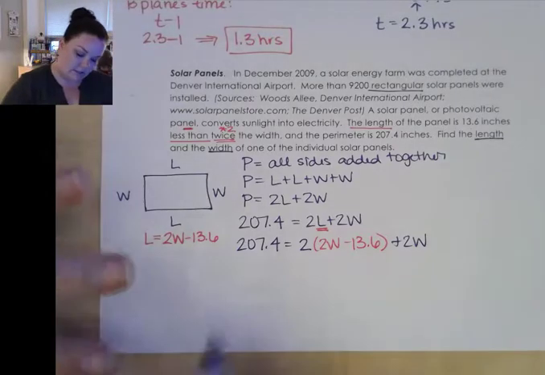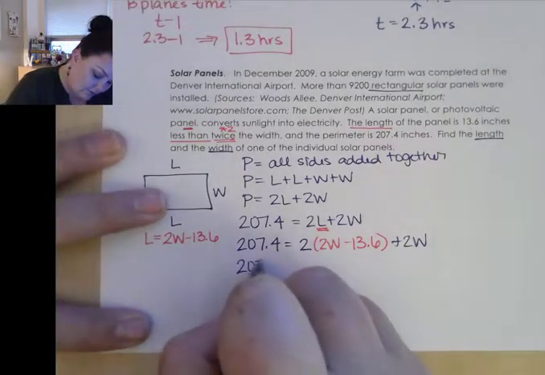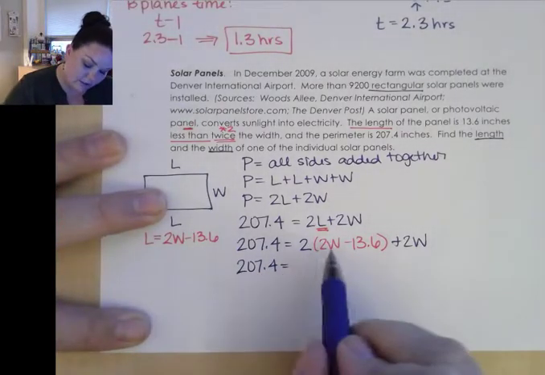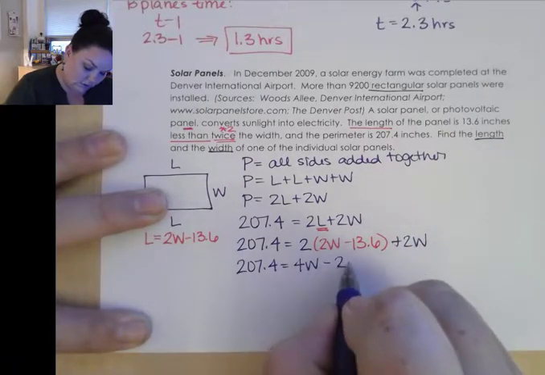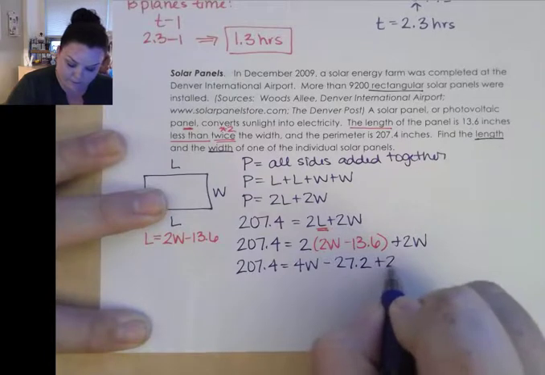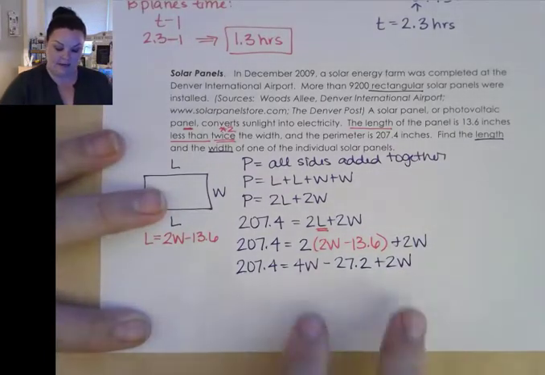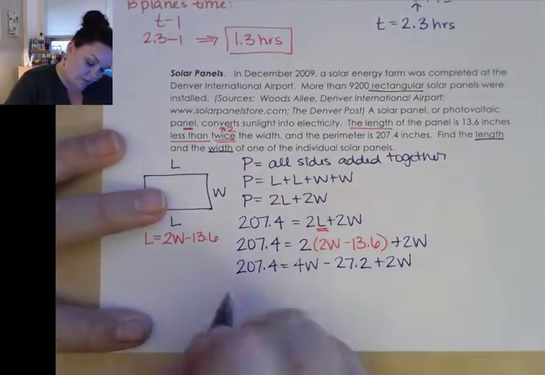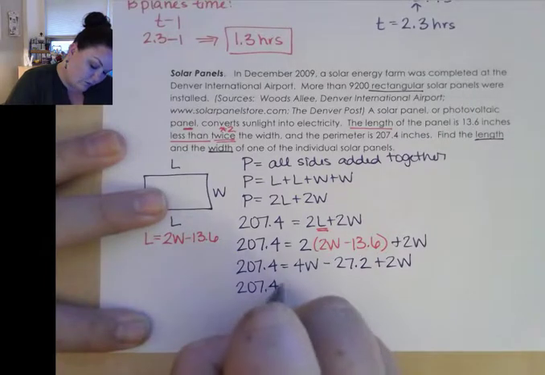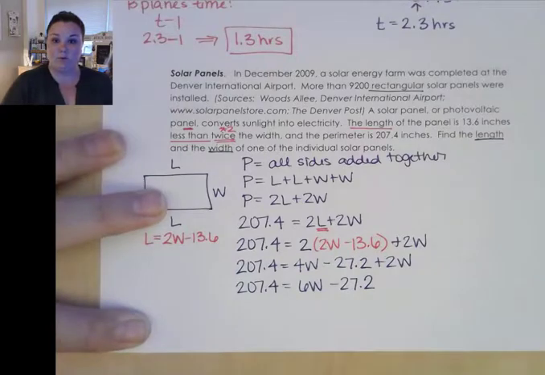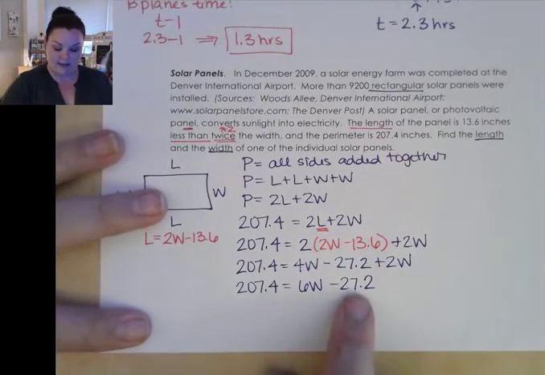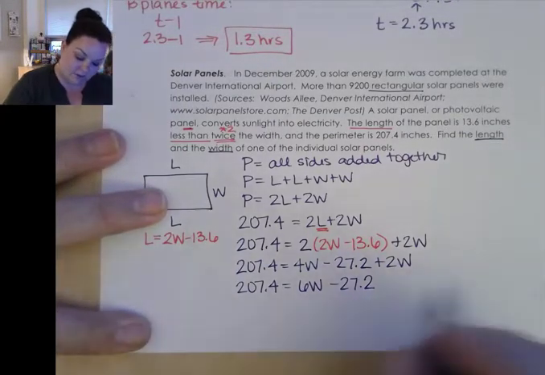Okay, so let's go ahead and simplify. So we have 207.4 is equal to, when I distribute my 2, I should get 4W minus 27.2 plus 2W. Then I can combine my 2W terms. So 207.4 is equal to 6W minus 27.2. And then I move my constant term to the other side.